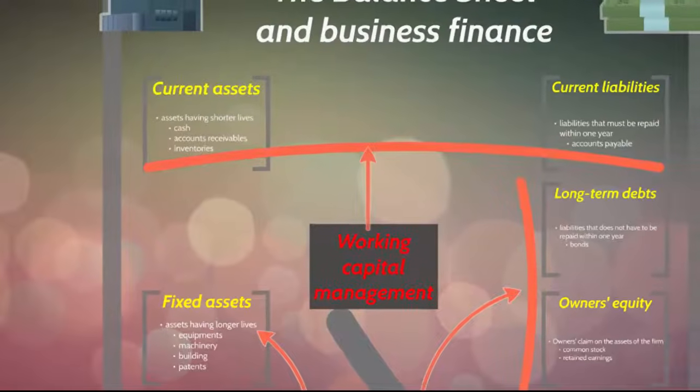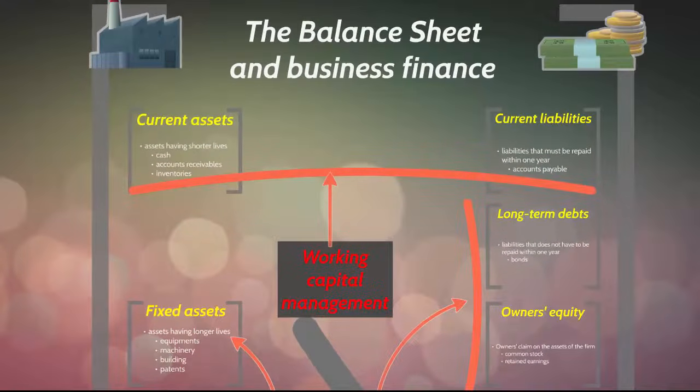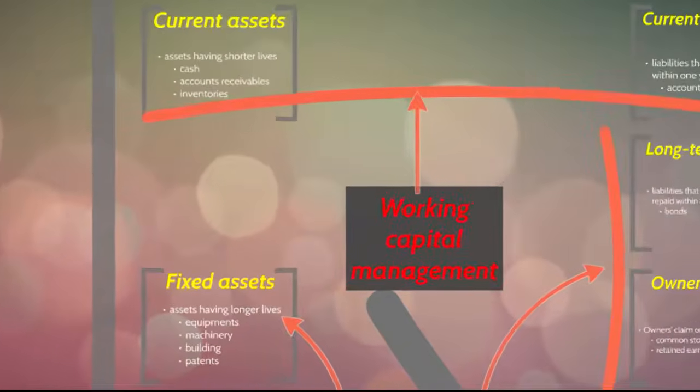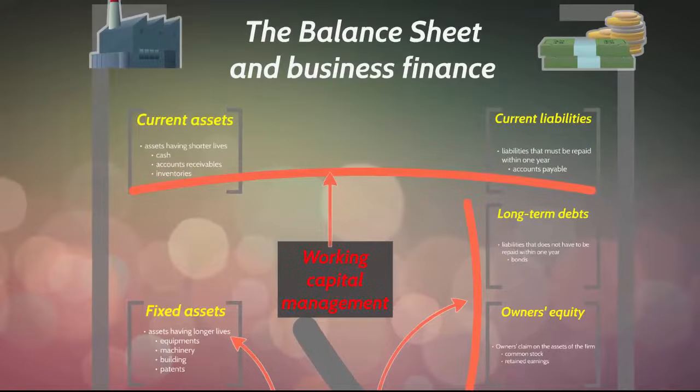So a business organization can have assets only if it has money in the first place. Then the firm can use the money to buy assets. This is why the sources of money and the uses of money should be equal, and this is why the left-hand side and the right-hand side of the balance sheet are equal.